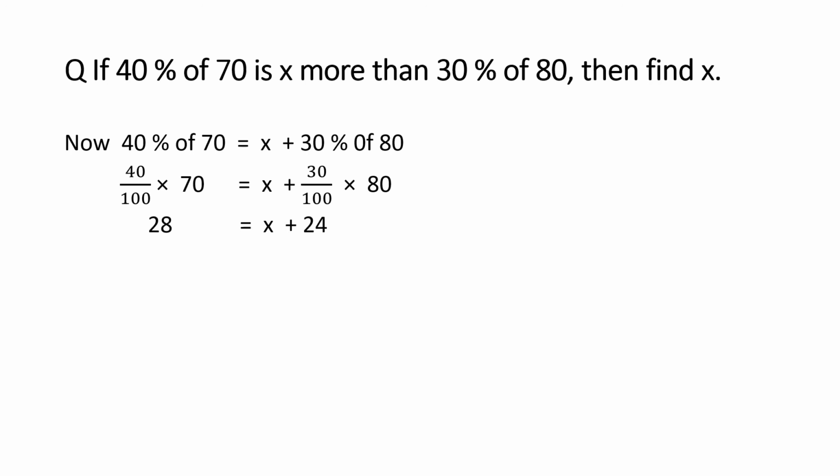So 28 is equal to x plus 24, and the value of x is 28 minus 24, that is 4. The value of x we have taken out is 4.